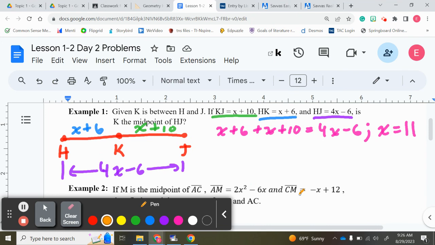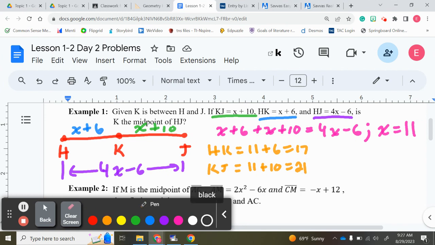All right. So in this case, I'm going to just substitute in for HK. That's going to be 11 plus 6, which gives me 17. And then for KJ, I'm going to have 11 plus 10, which is 21. So the question is, are these equal? No. So is K a midpoint? No, it is not.